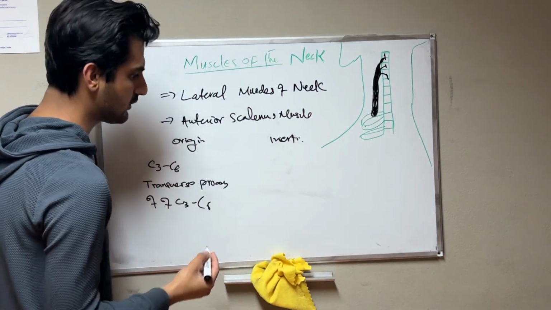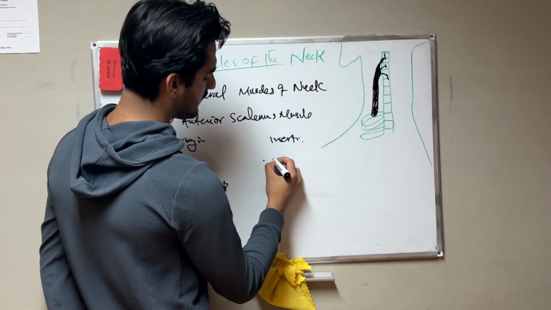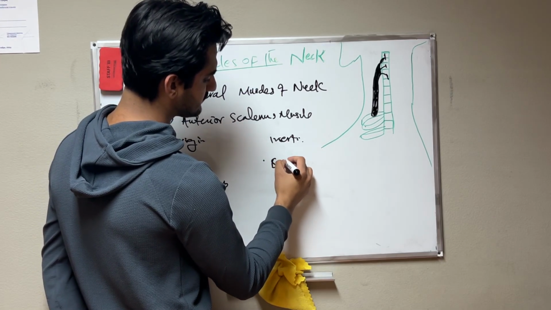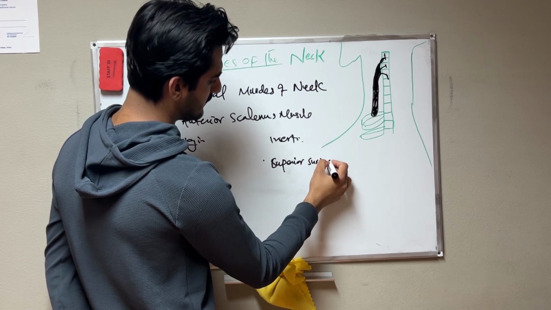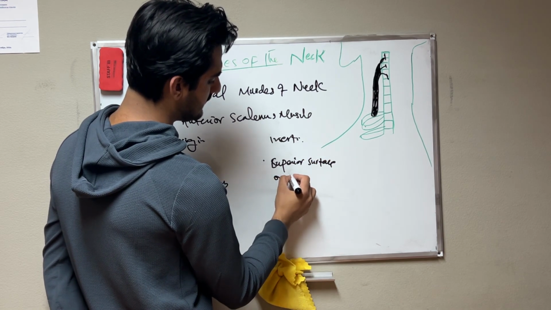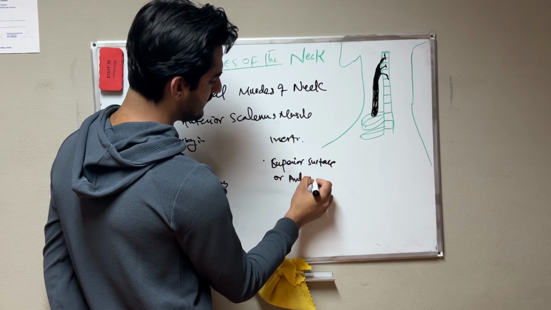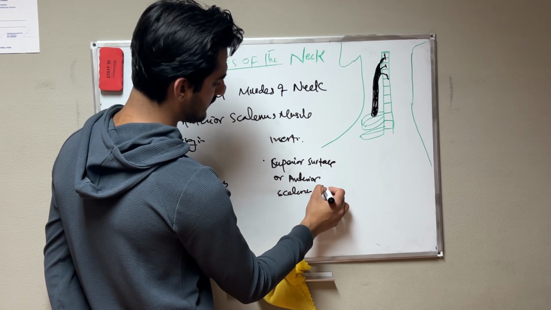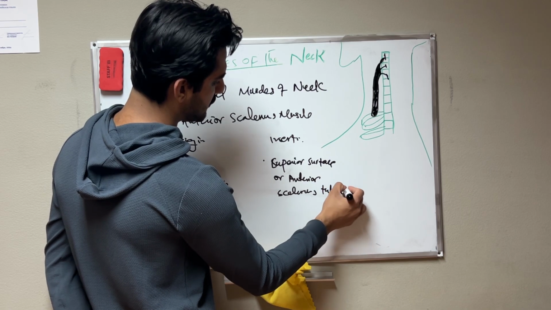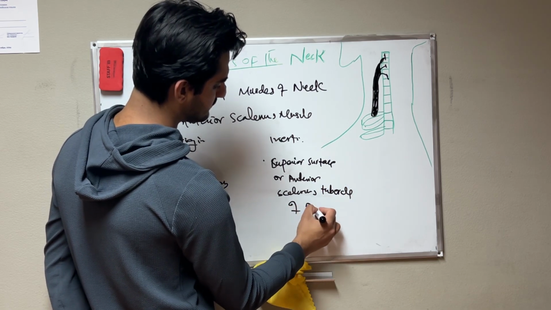This is rib 1. It is inserted on the superior surface, at the anterior scalenus tubercle of rib 1.